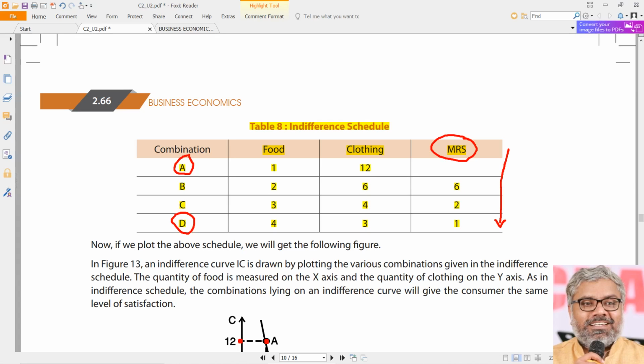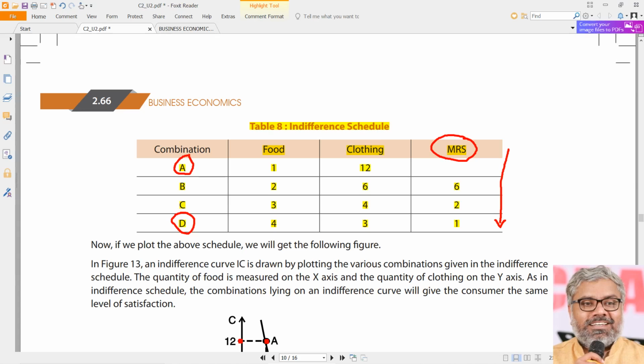Why is it decreasing? Because we want combinations where each of them should give the same satisfaction. For example, if food is 1, clothing is 12. If food is 2, clothing is still 12. Then those two combinations cannot have the same satisfaction. The second one will have more satisfaction than the first one. So that cannot be on the indifference curve, first of all.